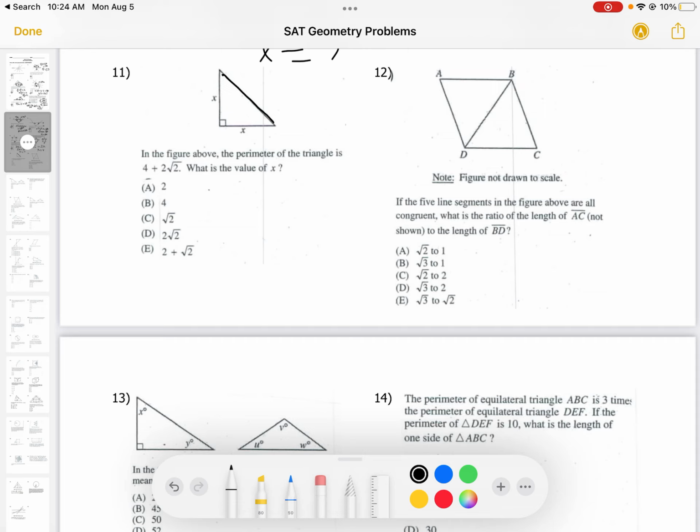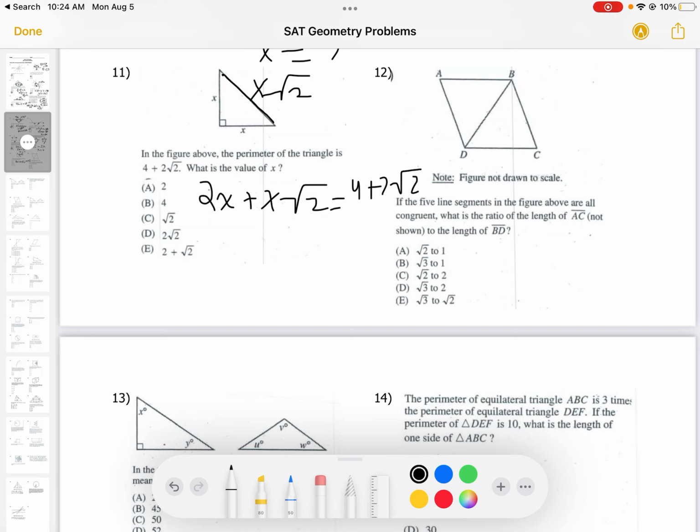Alright, so this is an isosceles right triangle, which means this is a 45, 45, 90 right triangle, which means this hypotenuse is x root 2. So now we have the equation 2x plus x root 2 is equal to 4 plus 2 root 2.